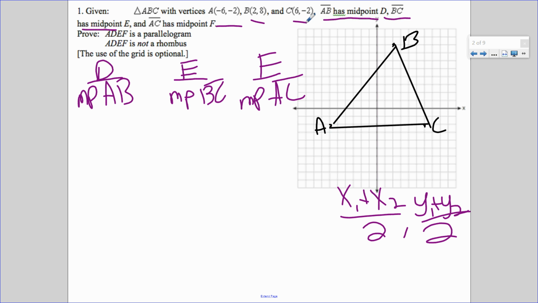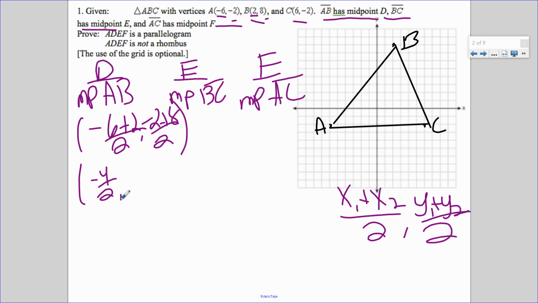So for AB, my x's are -6 and 2. And then my y's are -2 and 8. This is getting messy. So that's going to be -4 over 2, comma 6 over 2, which is -2, comma 3.